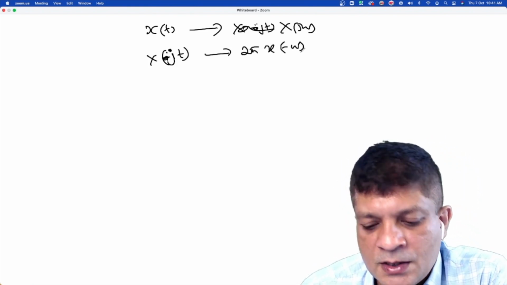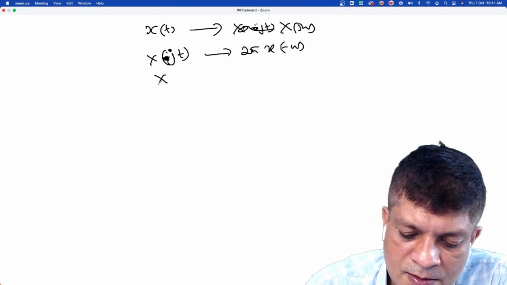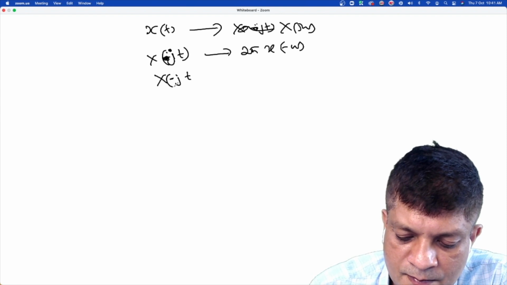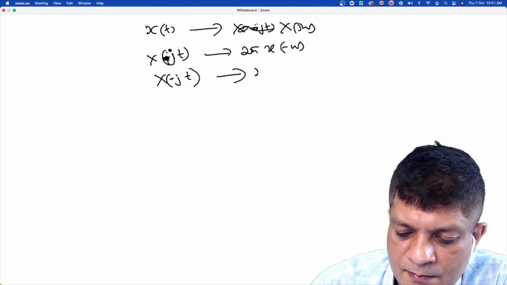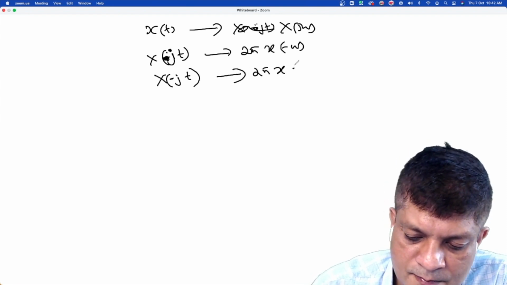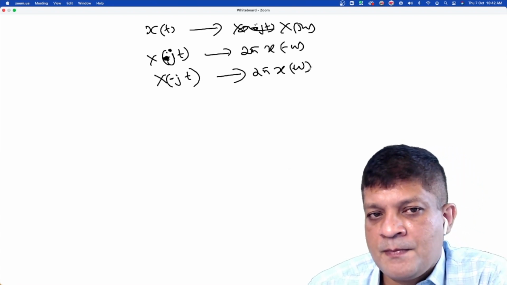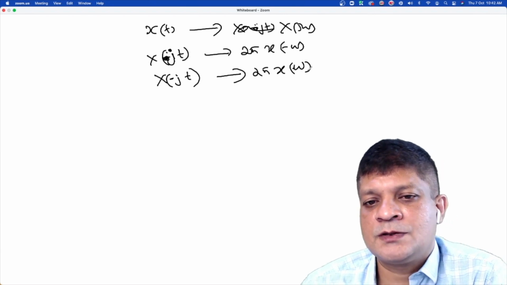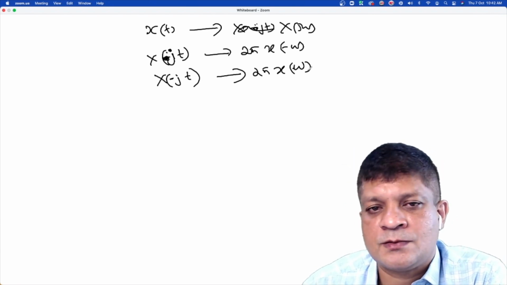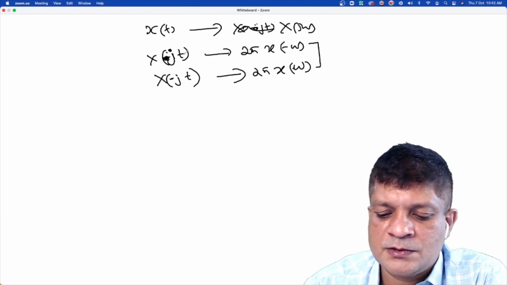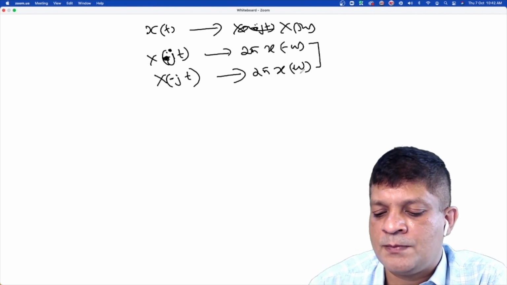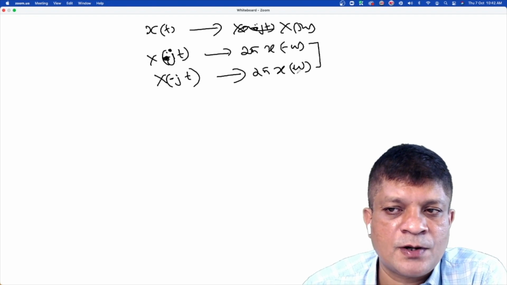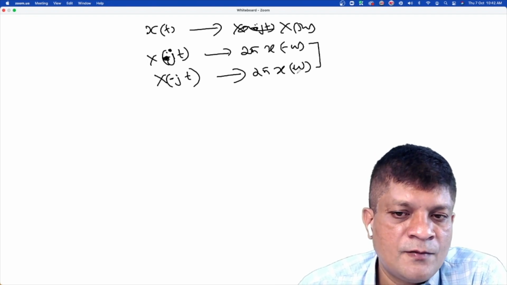In some of the textbooks, you will see that this duality theorem is written in this form. Are they the same? Yes, sir, they are the same. Using the reflection property, these are the same, because if you replace t with minus t, you have to replace omega with minus omega. That is the time reflection property of the Fourier transform, the flipping property.